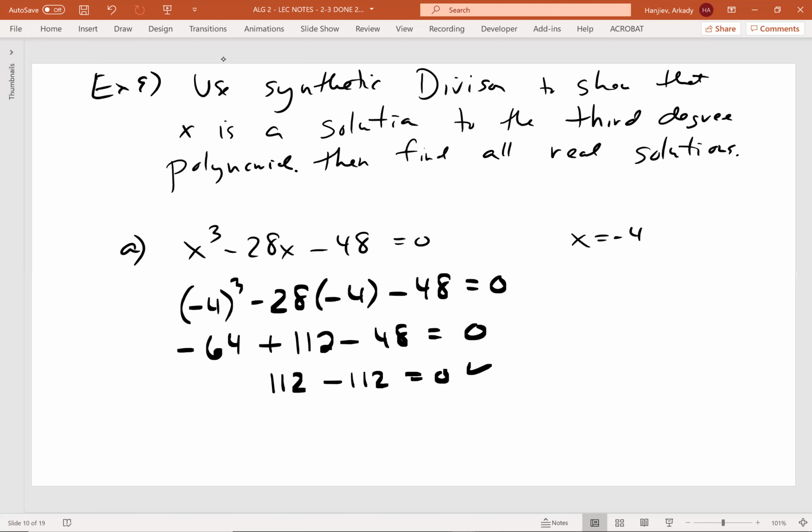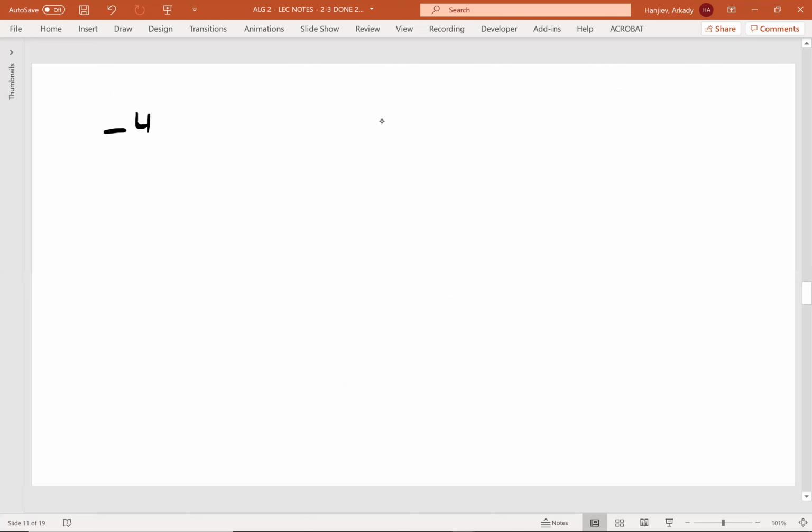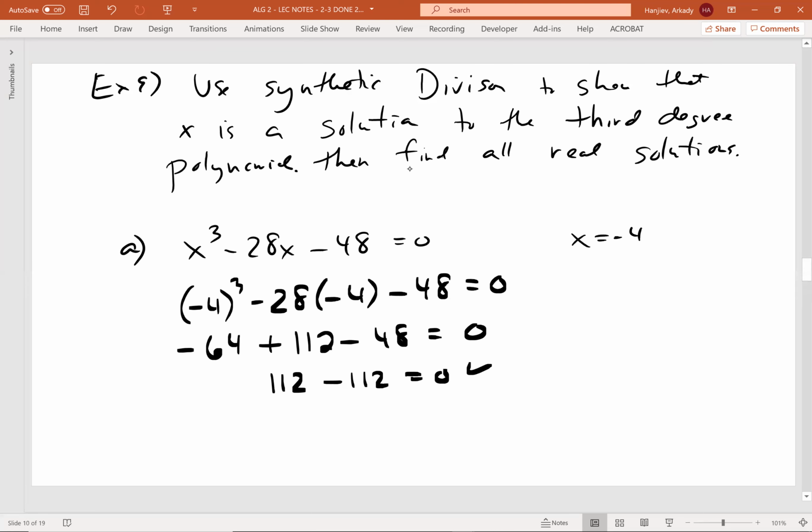Oh boy. Okay, I think we're going to do what we just learned in example 8. If this is a solution, I go next and I say to myself, I can use synthetic division to divide this out. What are my numbers?